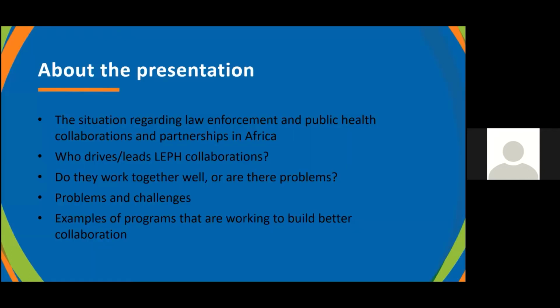We'll also cover who drives and leads these law enforcement and public health collaborations. Do they work well? If they work well, what is working well and why? Are there any issues, problems or challenges within these collaborations? And then, right at the end, I'll have a chance to give you a few examples that we have come up with within Africa, and particularly Southern Africa.